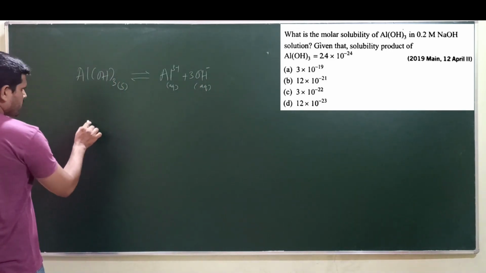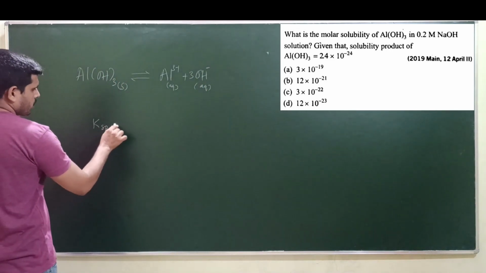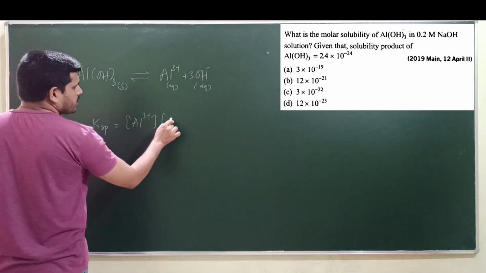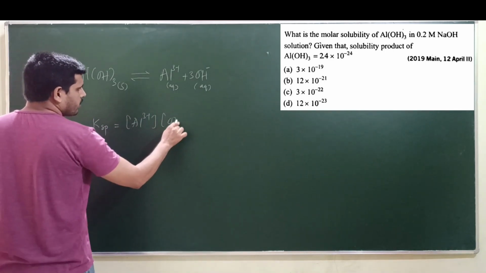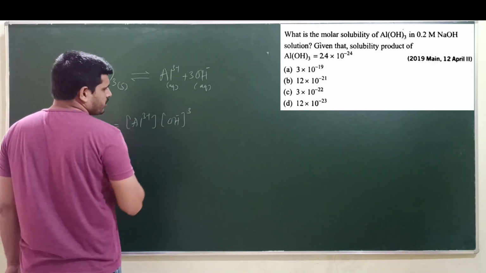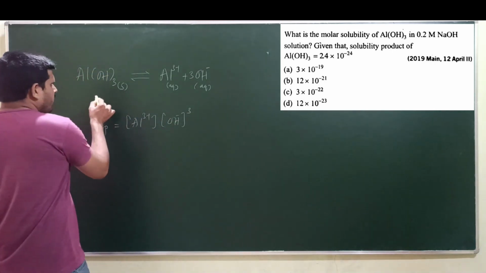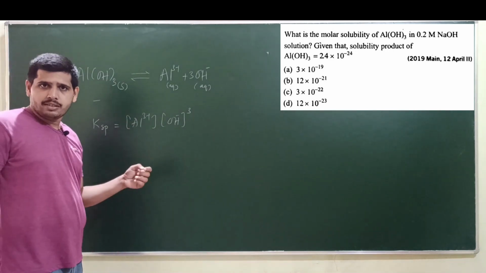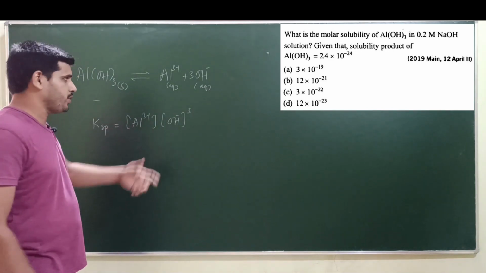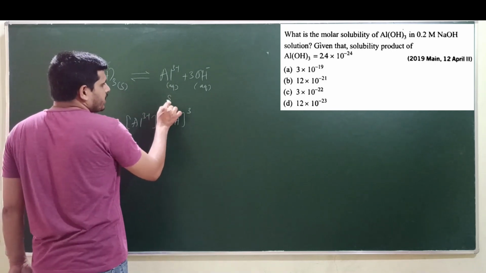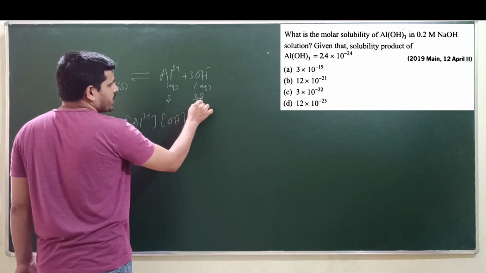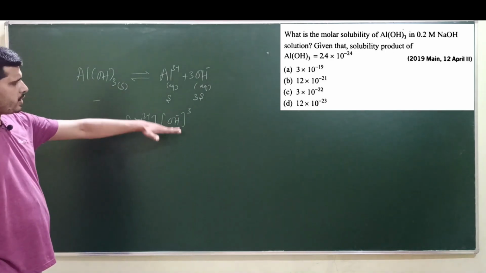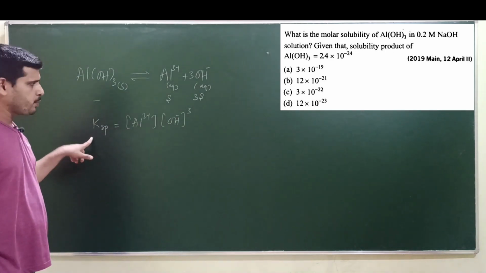So KSP is equal to the concentration of aluminum ion into the concentration of hydroxide ion to the power 3. Being solid, aluminum hydroxide has unity as its concentration. It's not changing. Taking solubility of aluminum as S, the hydroxide concentration is 3S.